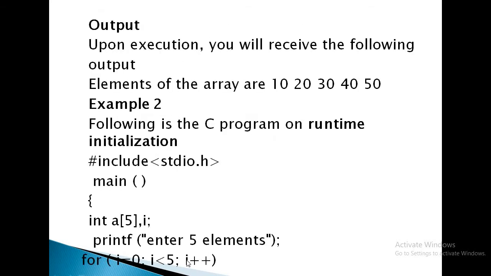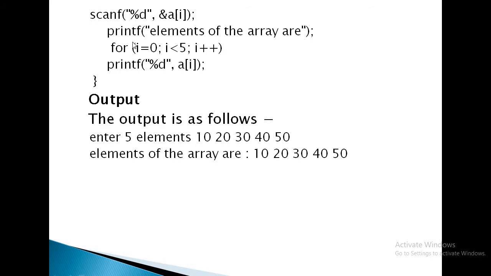In the for loop, i equal to 0, i less than 5, i plus plus, we are getting input with scanf %d and a[i]. Then printf the elements of the array, with a for loop i equal to 0, i less than 5, i plus plus, printing %d and a[i].